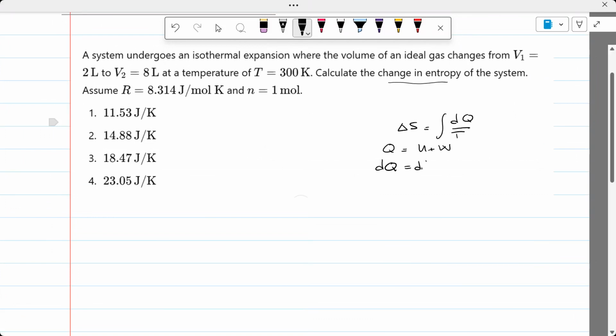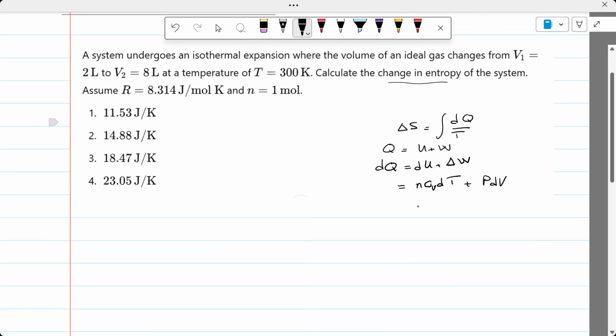So I would write dq as dU plus dW, and I will write down the general formulas. I know that U is nCV delta T for an ideal gas, which I can write as nCV dT, whereas for W, the general formula is PdV. Remember this from our first study of thermodynamics.